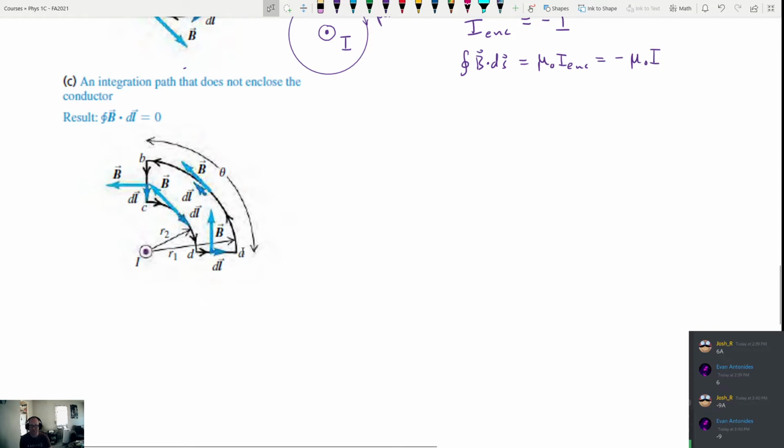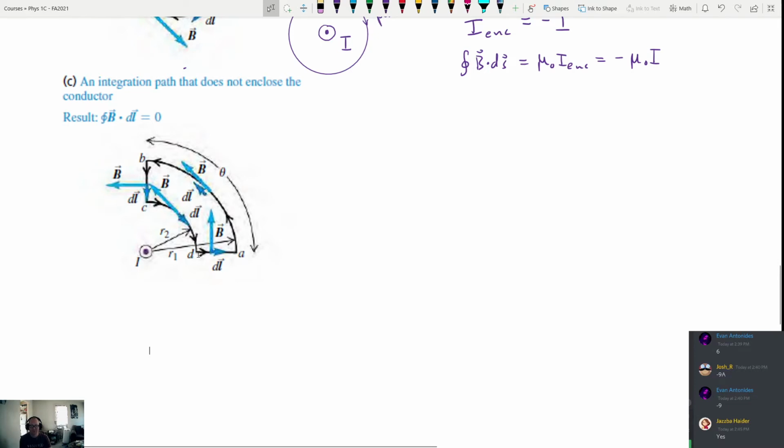So it goes from A to B to C to D and then back to A again, right? What happens here is that this path does not enclose any current. Can you all see that? No current passes through the path or surface bounded by the path.